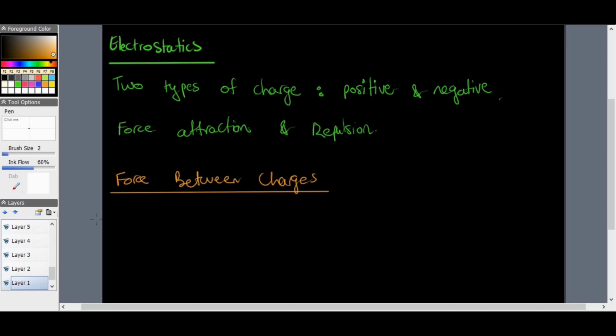There was a guy by the name of Charles Coulomb. That's obviously not for examination purposes. Physical sciences doesn't pride itself in asking history questions, but it's just a little bit of history. Charles Coulomb, who lived in the late 1700s, a long time ago, investigated the forces between charges.